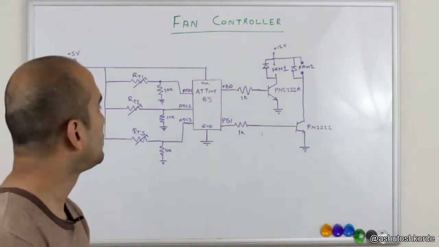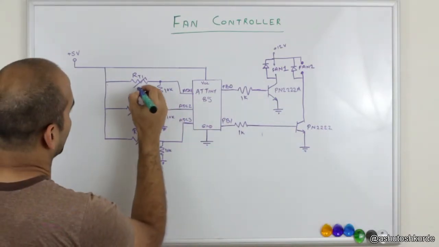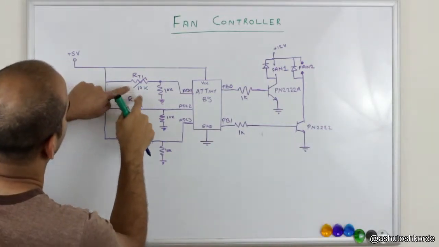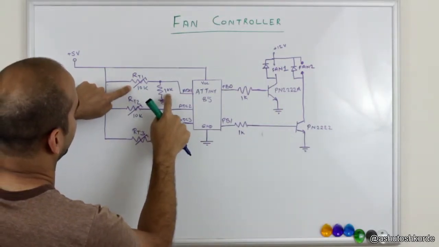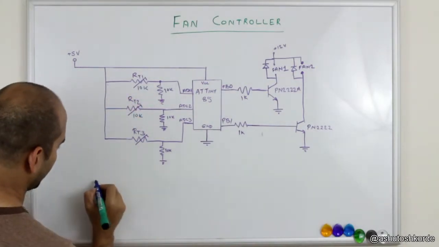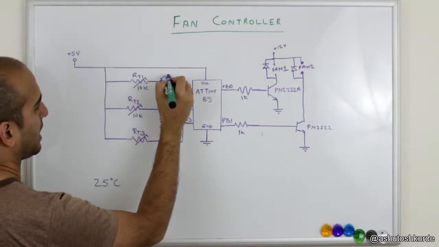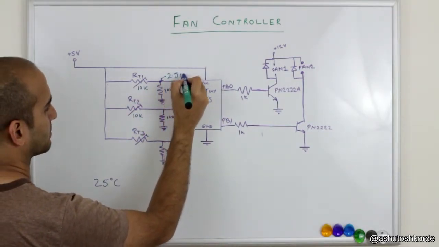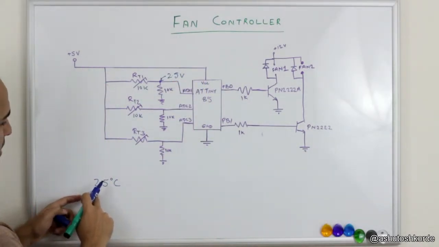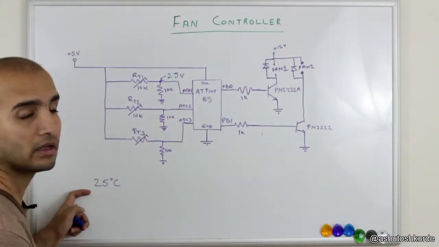And the way this would work is, our thermistors are nominal 10K thermistors. So between the thermistor and our 10K resistor here at 25 degrees, this point here will be at 2.5 volts, because the thermistor's value from the data sheet at 25 degrees is going to be 10K.